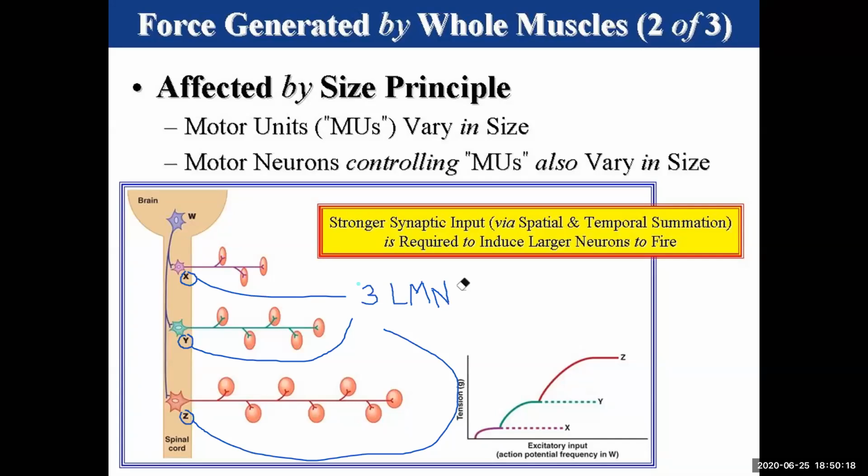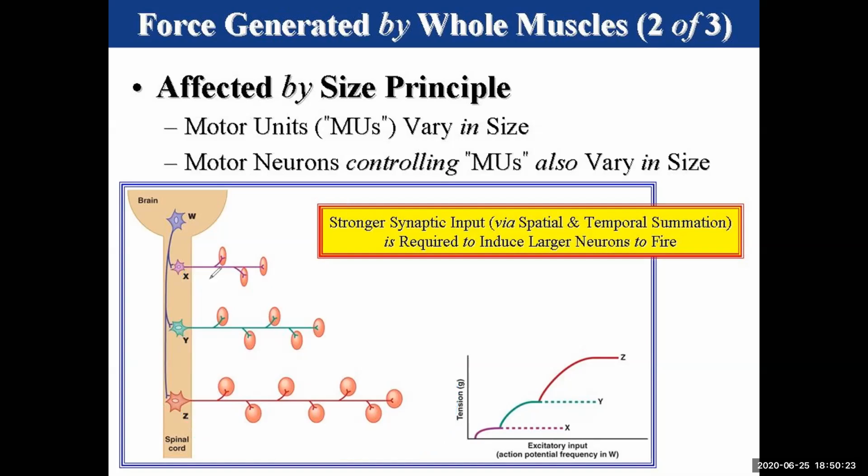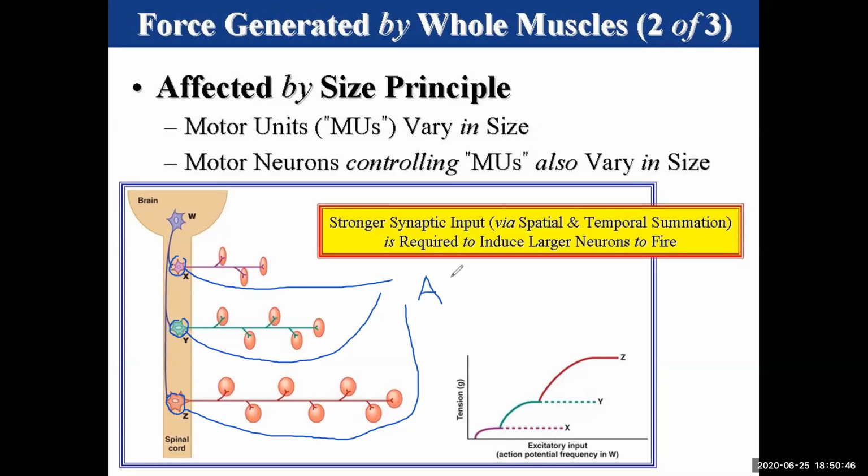And the cell bodies of these lower motor neurons, you should know them by now. If it's in the spinal cord, because it can be in the brainstem, but if it's in the spinal cord, they are physically located in the anterior gray horn of the spinal cord.